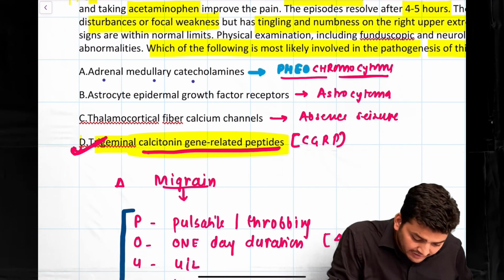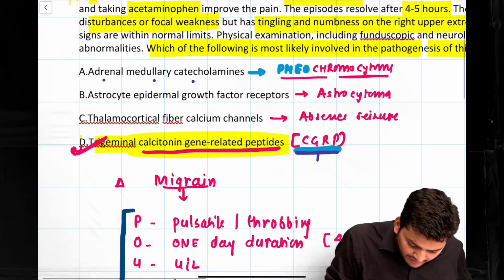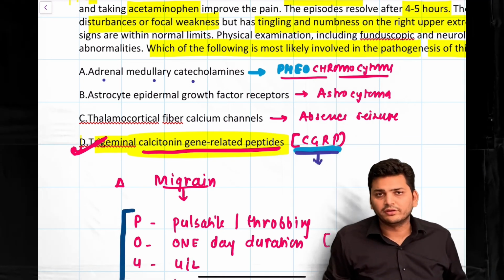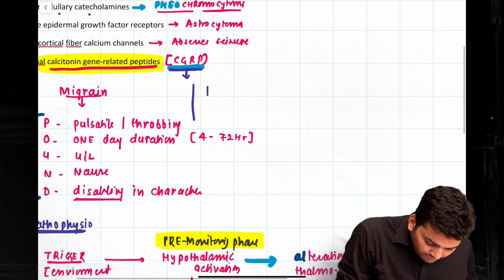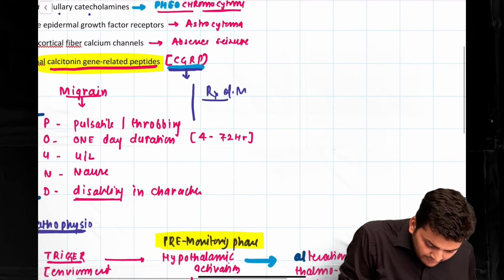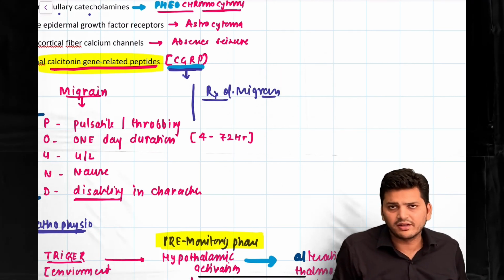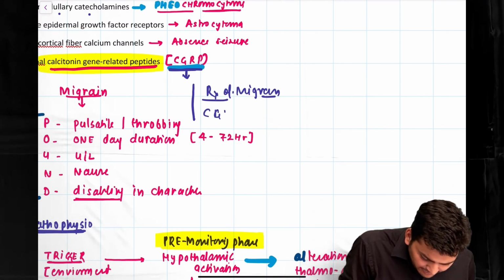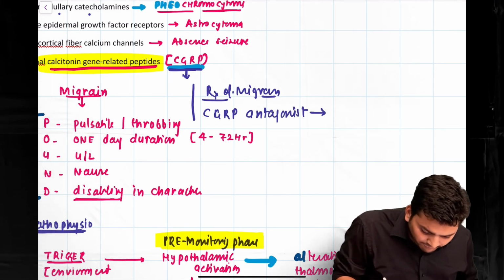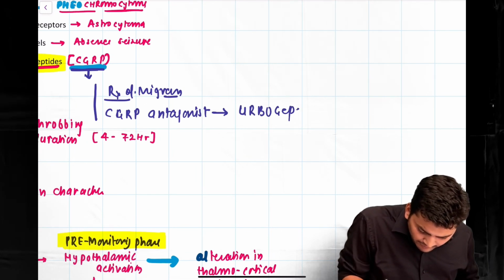Because this theory is approved, we are now using CGRP receptor antagonist molecules in the treatment of migraine as well. I can write this additional information here: for the treatment of migraine we have some new molecules in the form of gepants. Gepants are CGRP antagonists, the new molecules coming up for the treatment of migraine.